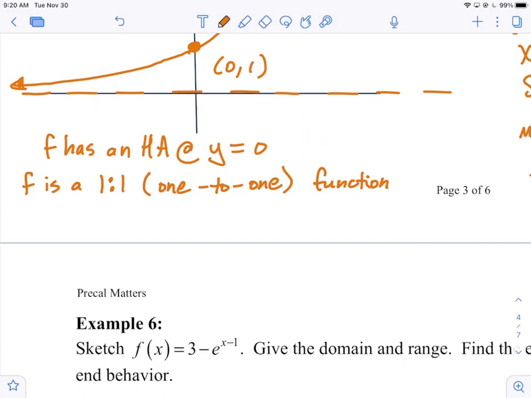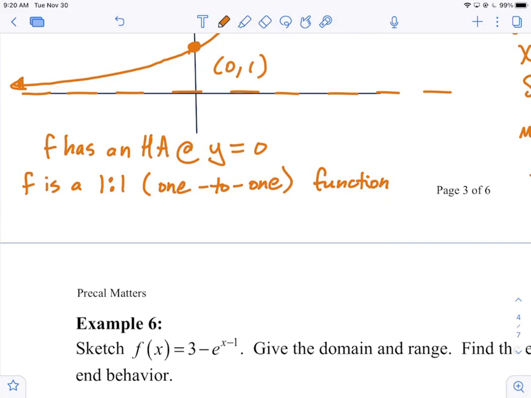Okay. Now, to be a function, we know that every x can have no more than one y value, right? But can you have the same y value coming from multiple different x values? Yes, right? Just like x squared. A y value of 25 can come from x equals -5 or x equals +5.